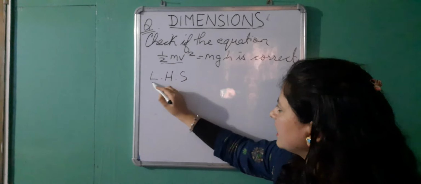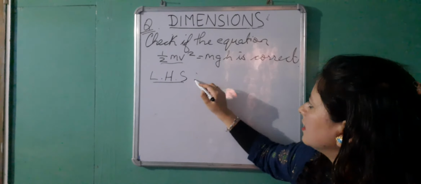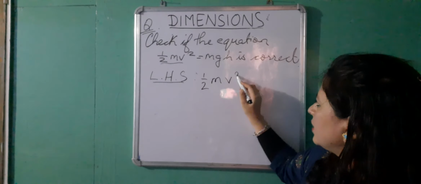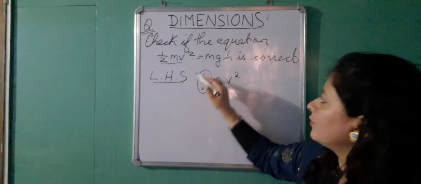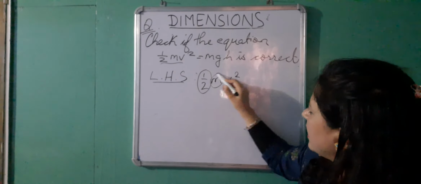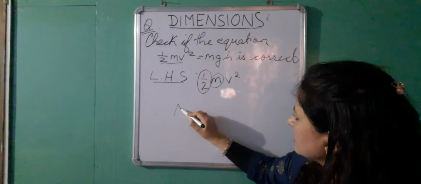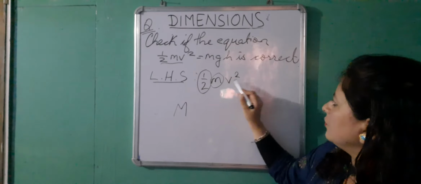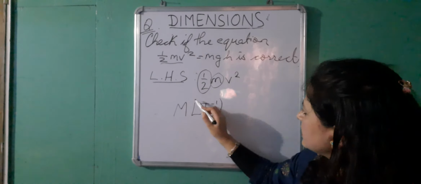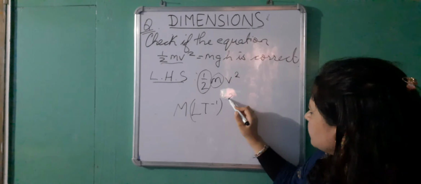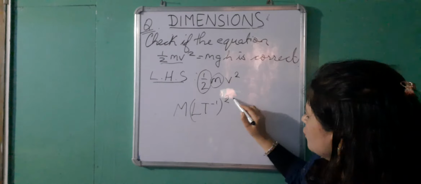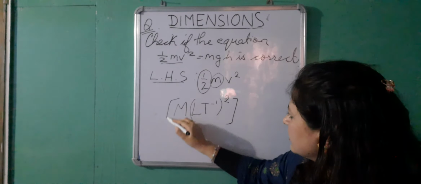Taking left hand side, which contains half m v square. No need to take half when we take dimensional formula. We will just take the dimension for m, that is mass, capital M, v square, L t to the power minus 1 whole raised to the power, sorry, not minus 2, 2, this entire thing.